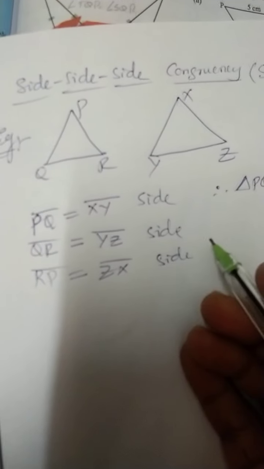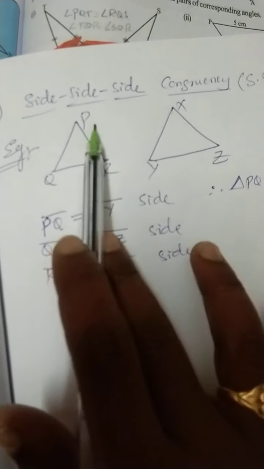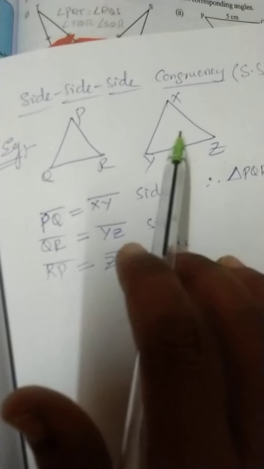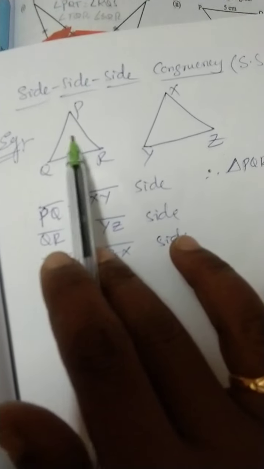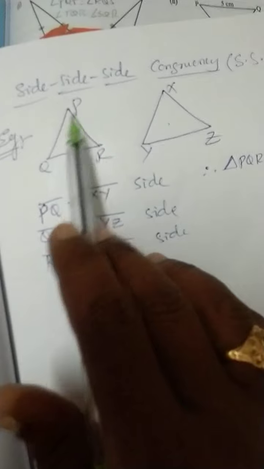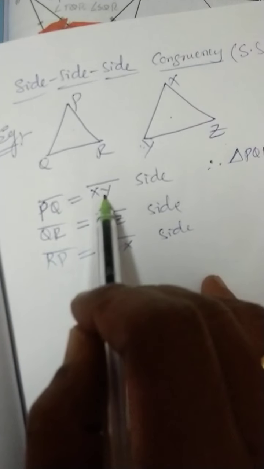See the example, you can understand easily. Suppose you take two triangles PQR and XYZ. In these, the corresponding sides of one triangle are equal to the corresponding sides of the other triangle. See, PQ side is equal to XY side, so PQ is equal to XY.